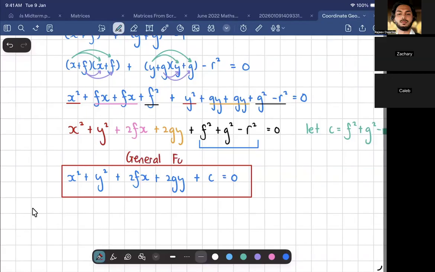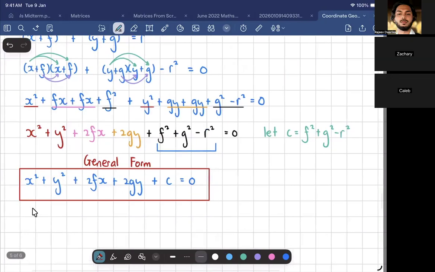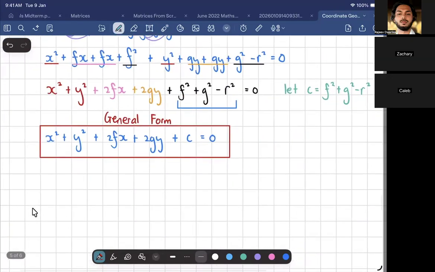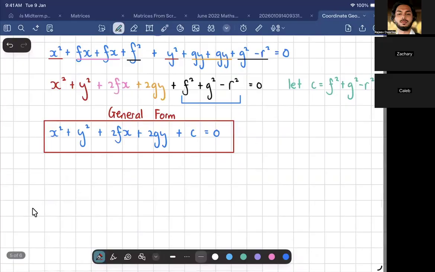Now, Zachary, do you remember the formula for R? You had learned a formula for R. What was it? f squared plus g squared minus c. You're probably wondering where that comes from. Do you think you could see where it came from?